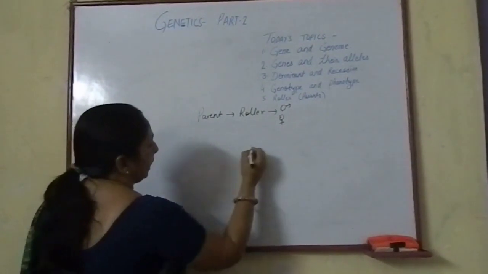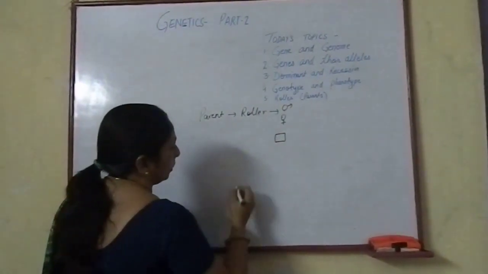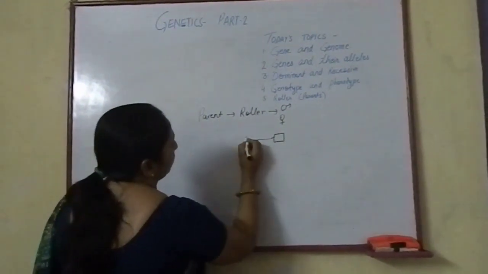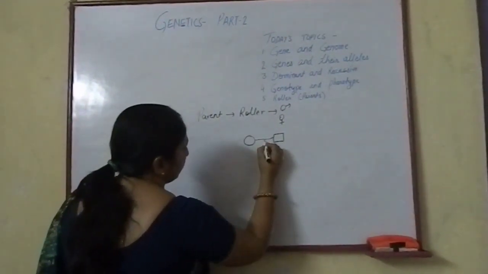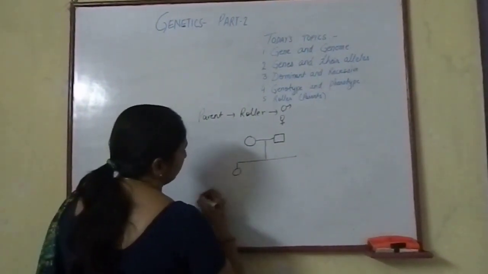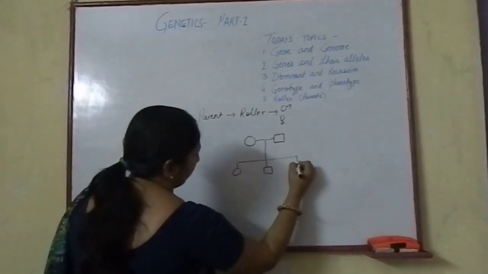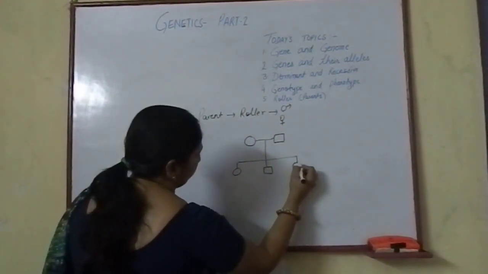For the male we use the symbol in the pedigree chart of a square, and for the female a circle, and the offspring produced were one female, one male and another female.